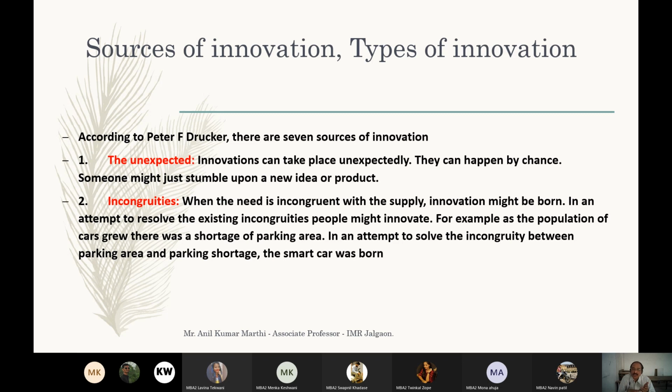We are seeing it in education, we are seeing it in medicine, we are seeing it in almost all the fields today. We are going online. People have come with so many innovative ideas.